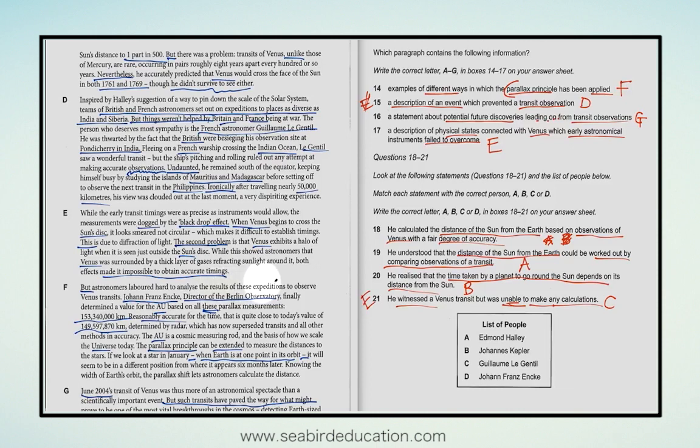To analyze the results, to observe Venus transits, based on observations of Venus.